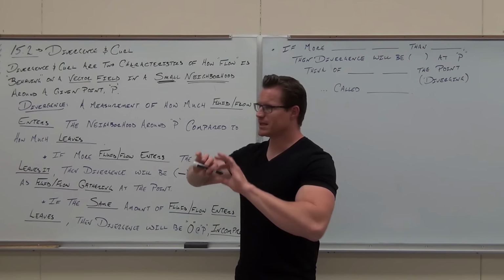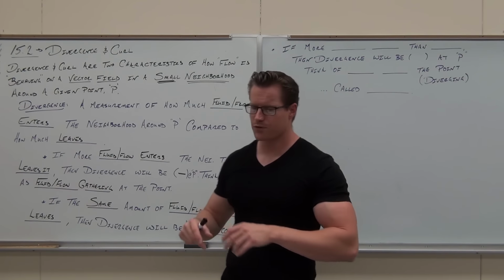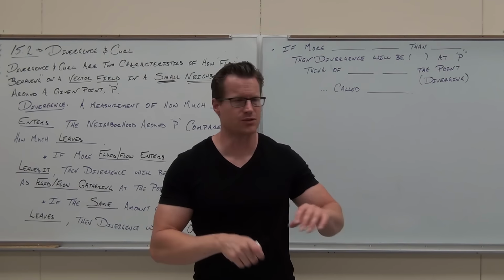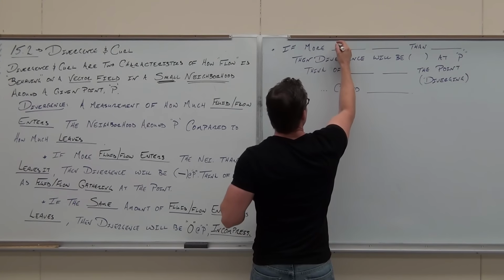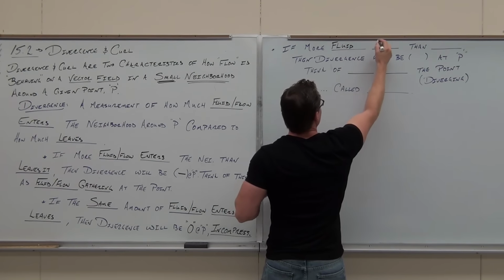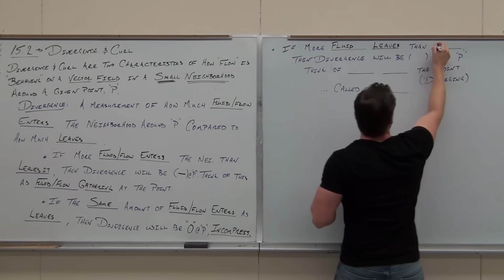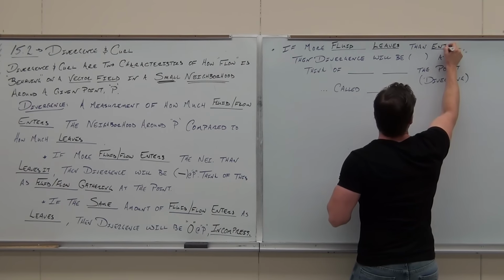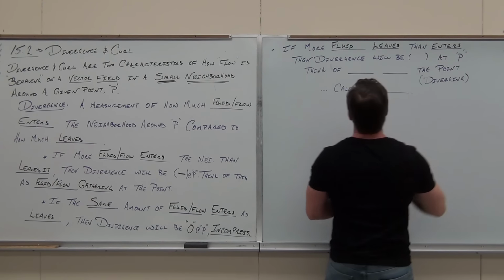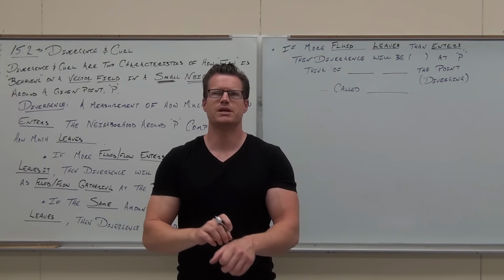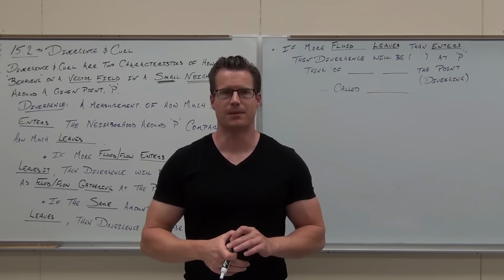If more fluid leaves the system, more fluid leaves the neighborhood around P than enters it, then divergence will be, put it together, positive.